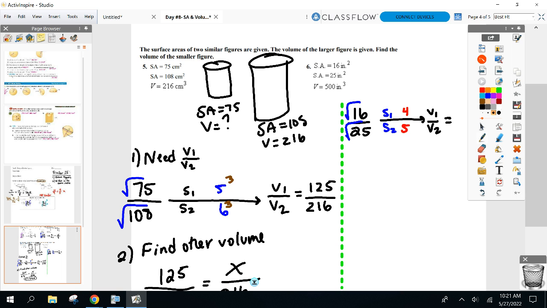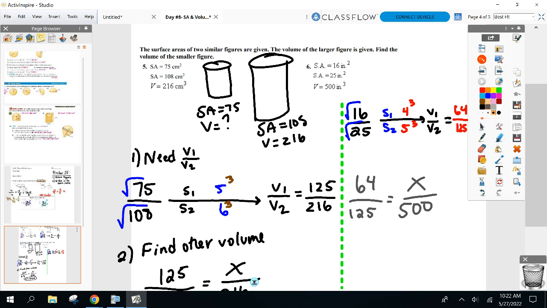Side ratio is 4 to 5, but I need the volume ratio, so I cube them. 64 over 125. So that's the ratio you use when you write your proportion now. 64 over 125. Where did you put the 500 now? Across from 125 because it was the bigger one.